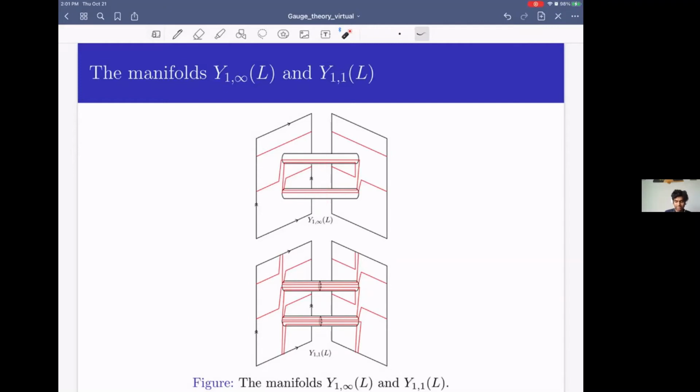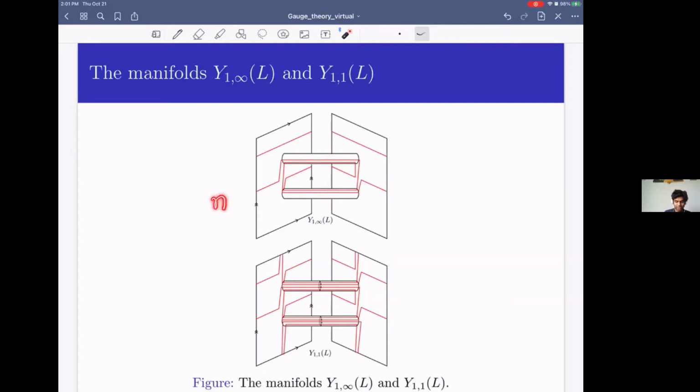This disk intersects the suture in exactly 2 points, and that is called a product disk decomposition. And both in Heegaard Floer and in instanton Floer, these product disk decompositions are isomorphisms, because they are the inverse of the contact 1-handle map, which is known to do nothing. So these product disk decompositions will give me isomorphisms.